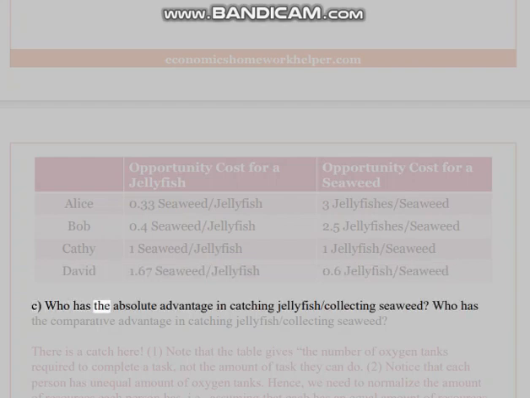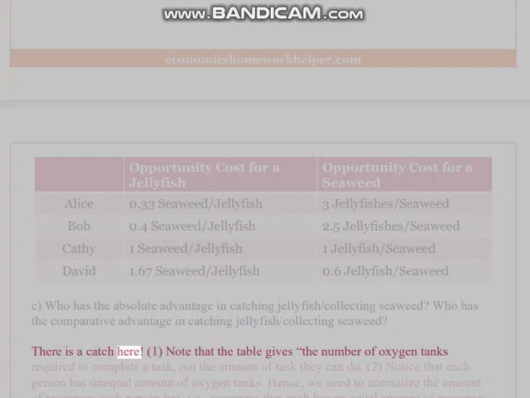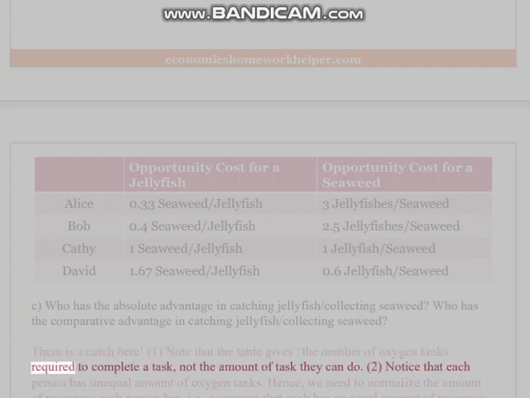C. Who has the absolute advantage in catching jellyfish/collecting seaweed? Who has the comparative advantage in catching jellyfish/collecting seaweed? There is a catch here. 1. Note that the table gives the number of oxygen tanks required to complete a task, not the amount of task they can do. 2.